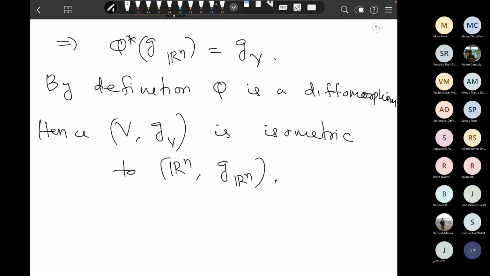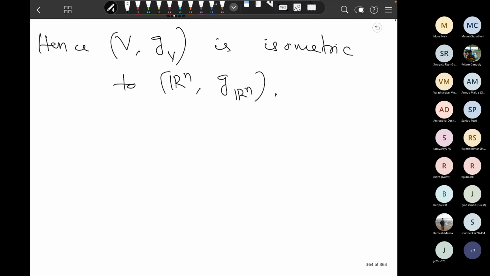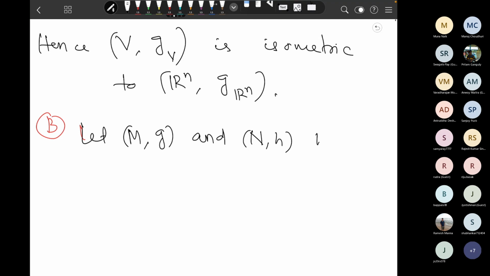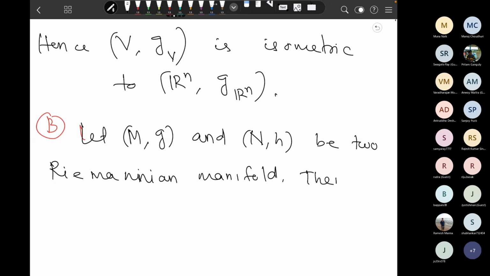So this was not a difficult thing. Now let M, g and N, h be two Riemannian manifolds. Then the product is also a Riemannian manifold. The product is a smooth manifold, so M cross N is a smooth manifold.